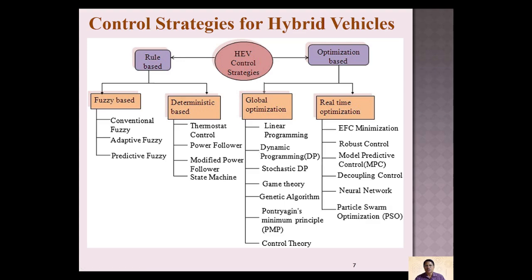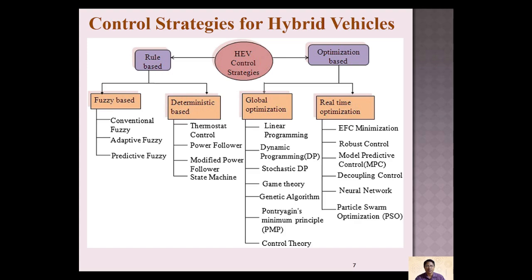So, control strategy for hybrid vehicles. In order to optimize the operation to achieve the maximum efficiency, the hybrid electric vehicle offers control strategies that are classified into two types. One is optimization based, another one is rule based. In the rule based, there are two major classifications.